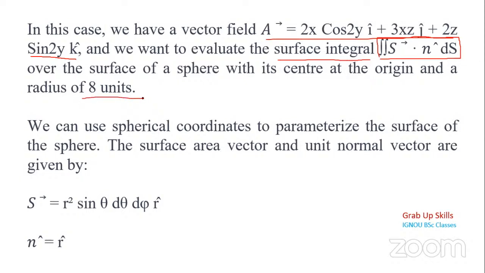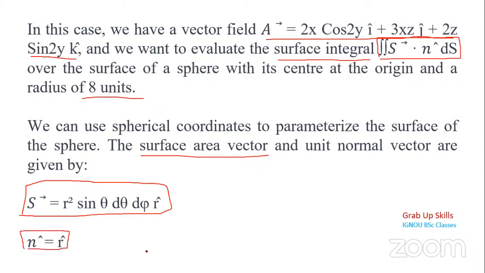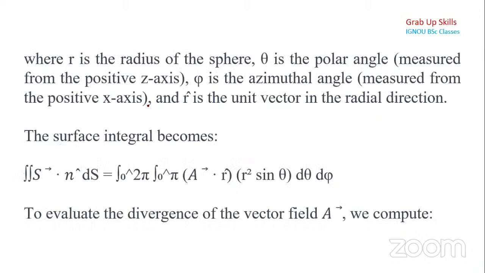When we use spherical coordinates in order to parameterize, the surface area vector is given by this formula. This S vector represents the surface area vector, and the unit normal vector, where r is the radius of the sphere.